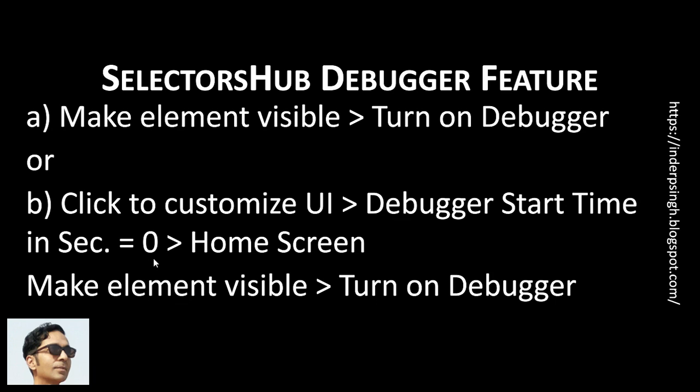After changing it to 0, go back to the home screen of SelectorsHub and then again the same process, make the element visible and turn on debugger. And this time, because the debugger start time is 0 seconds, the debugger will start immediately and it will pause the web page. Then you can use SelectorsHub to inspect that element successfully.